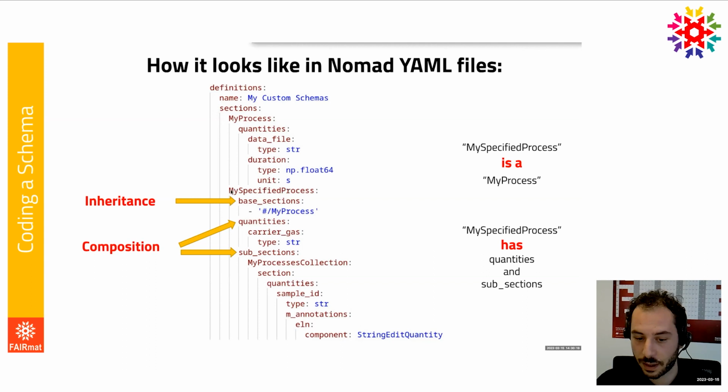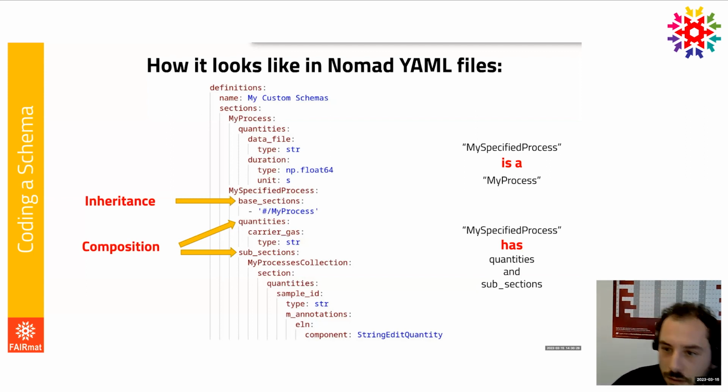For example, here, I want to define my specified process. So the composition, as you can see, is just here, where we have a list of quantities and subsections, while the inheritance is contained in this list of base sections that we want to indicate.